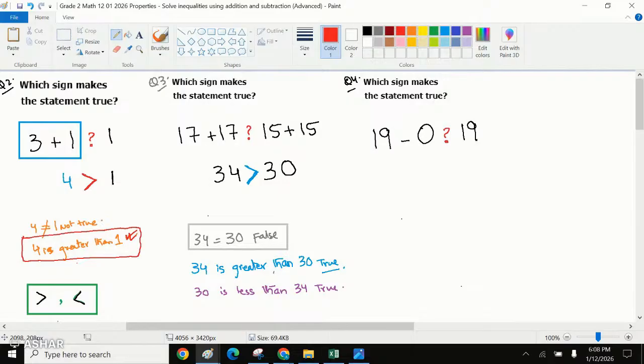What is 19 minus 0? If you subtract 0 from any number, it will stay the same, right? Stays 19. We are missing a sign in the middle. So what should be the sign in the middle?